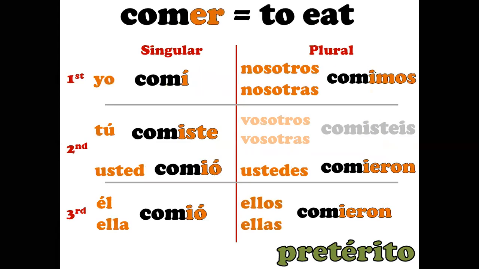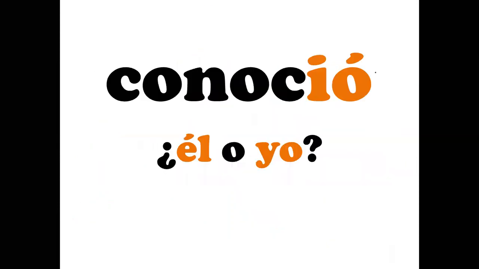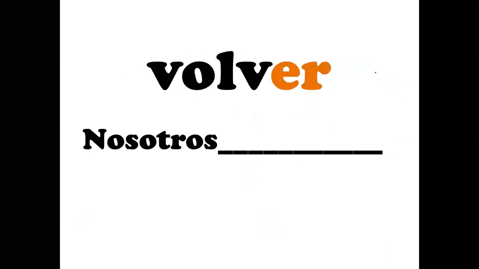So, a few things to keep in mind, just going back. In the ER, the IR, and the AR, there are accent marks on the yo form and the usted, él, ella form. Those are necessary accent marks. We'll focus on that more when we practice preterite with the irregulars. There are a lot of irregular preterites.